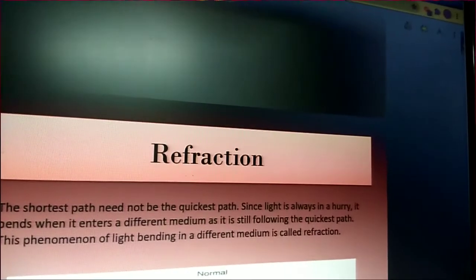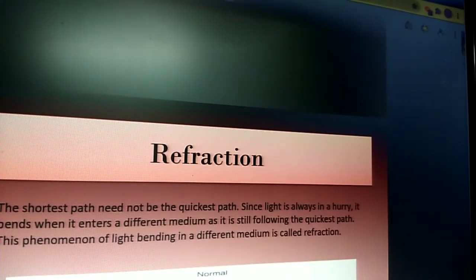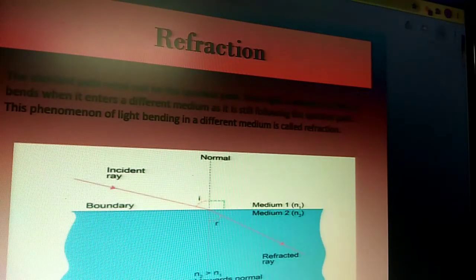The bending of light rays when they pass obliquely from one medium to another medium at the point of incidence at the interface is called refraction of light. Now what is meant by interface? Interface is the boundary, or surface of separation, of two media. For example, the light ray is coming from the air medium, and this is the interface.